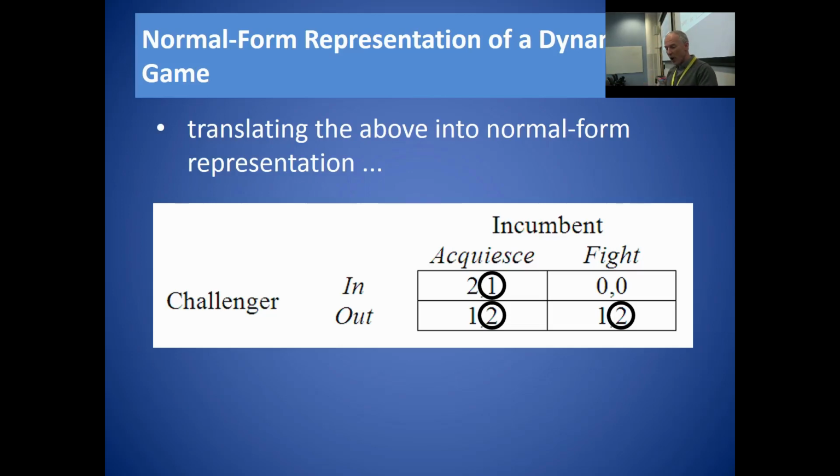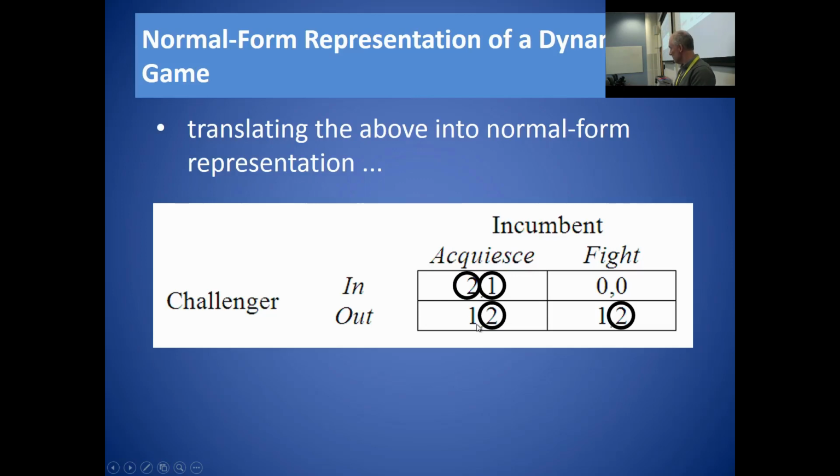They're both optimal responses. And then lastly, for the challenger, what are its optimal responses if the incumbent chooses to acquiesce? Does it enter the market and get a payoff of 2, or stay out and get a payoff of 1?